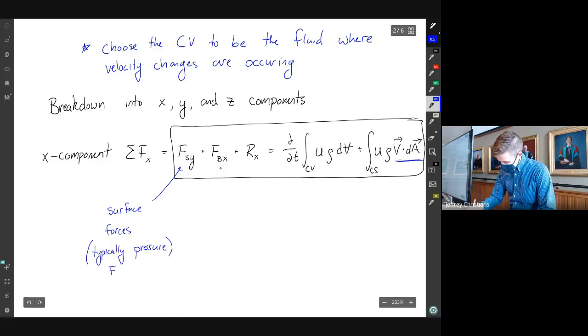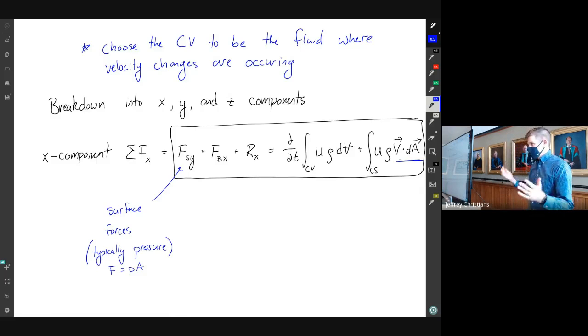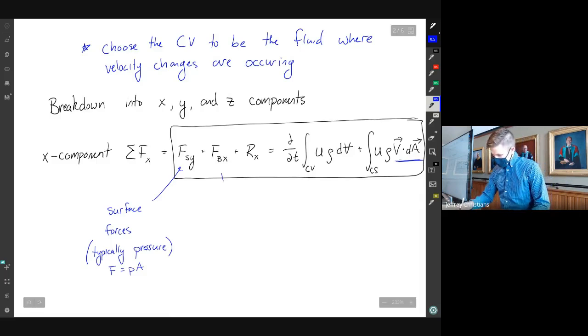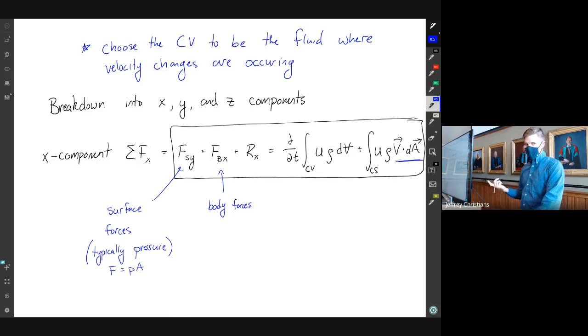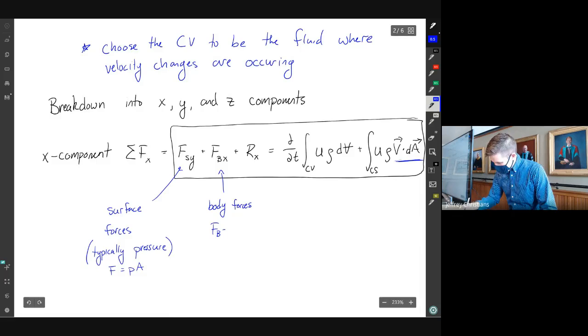Force equals pressure times area. So pressure can create surface forces, pressure times area. These are body forces. So what are body forces? Well, body forces are going to be from gravity. So force body equals mass times gravity.